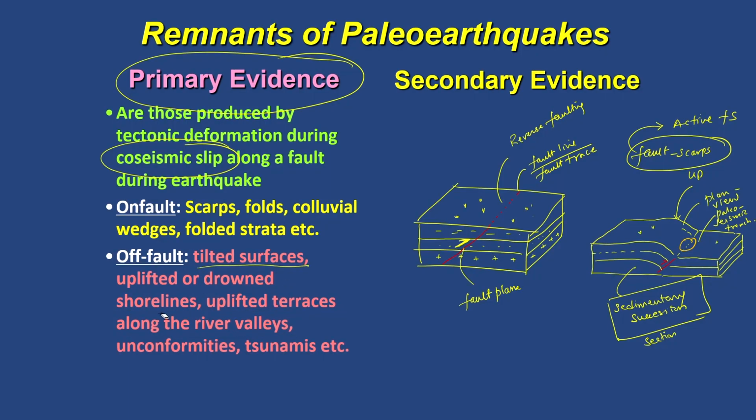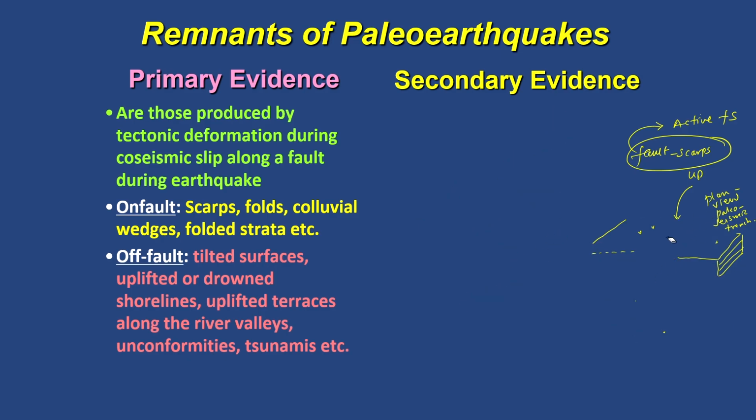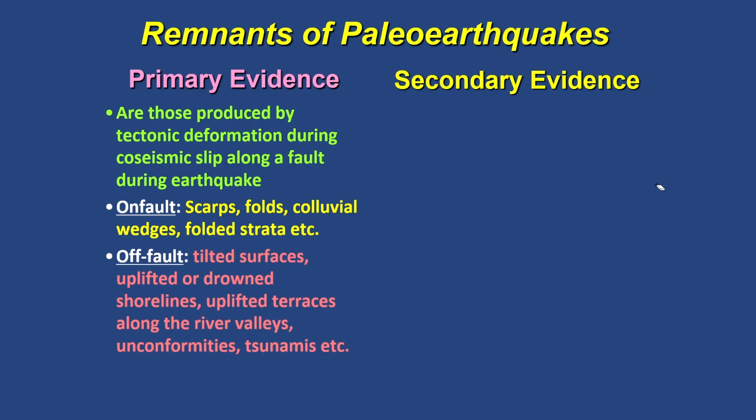Now, coming to the secondary structures or the secondary evidence. Let us have a look at what we will see. Mostly what we have experienced, and the reports say, is that the secondary evidence is mostly seen off fault.